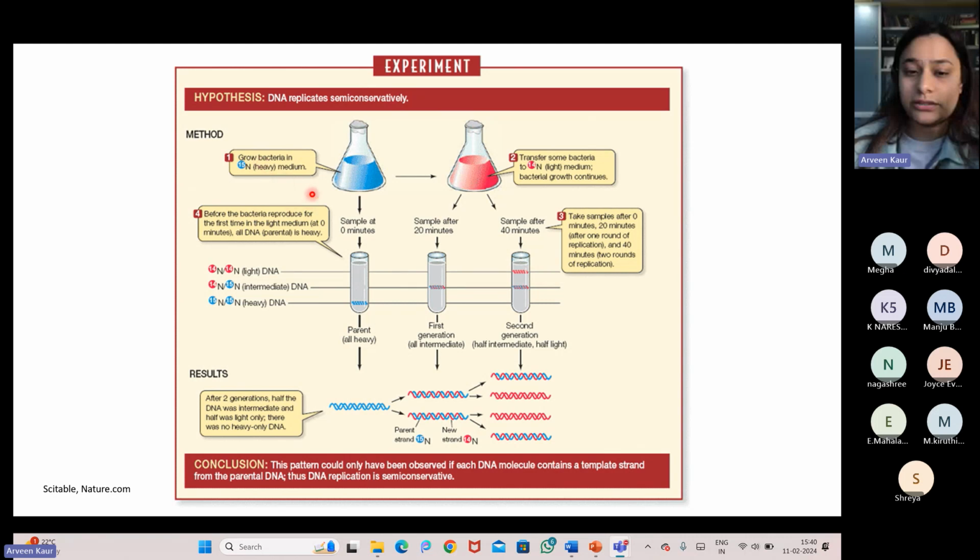Now, what will this do? Once the bacteria are grown in this particular medium, they will incorporate in their nitrogenous bases this particular variety of N15, which is a heavy variety of nitrogen, right?